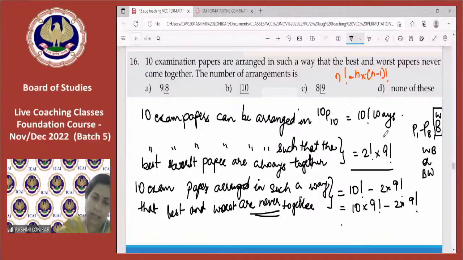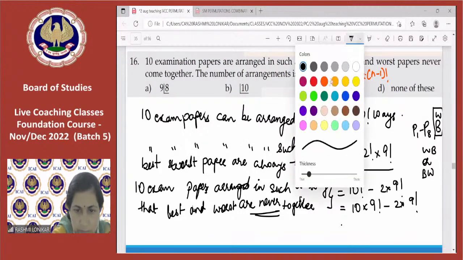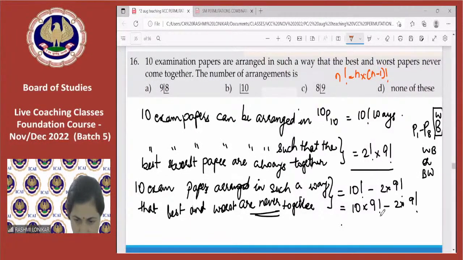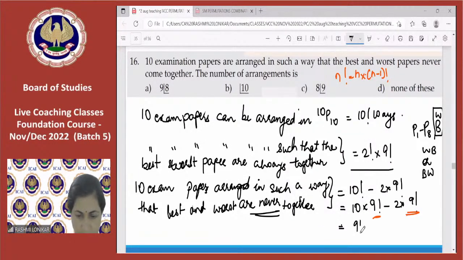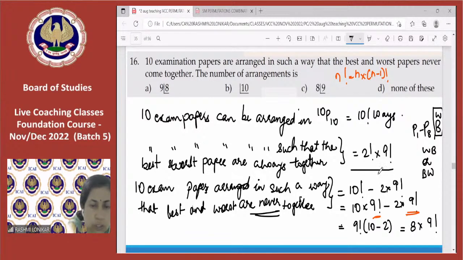From here, I take out 9 factorial common. So this is equal to 9 factorial into 10 minus 2. 10 minus 2 is 8. So it is 8 into 9 factorial. So option C is the correct option.